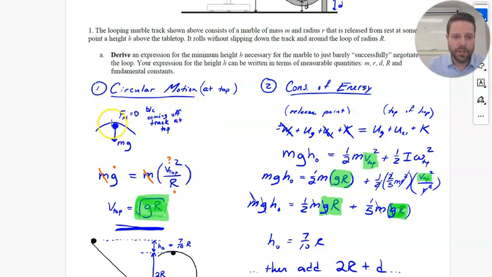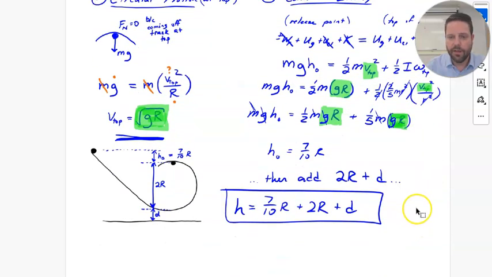Otherwise, we'd have normal force pointing down because it points away from the contact with a surface. And that allows us to solve for the velocity at the top. Since it's rolling without slipping, I would know that omega is going to be that translational velocity, or tangential velocity, at the top over r. So by subbing both of those things in, I can then solve for the height.